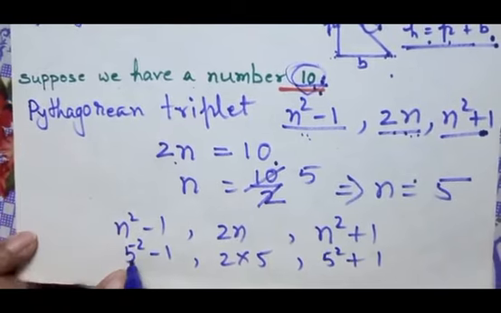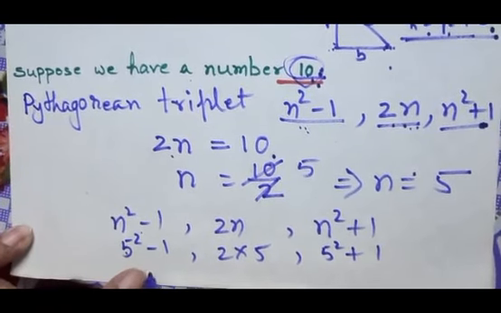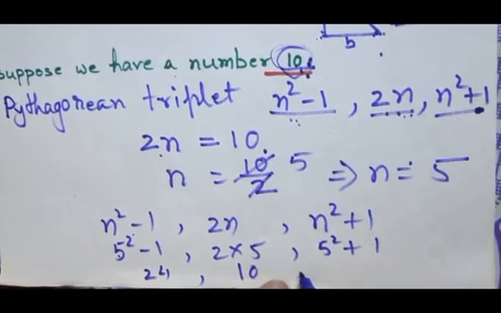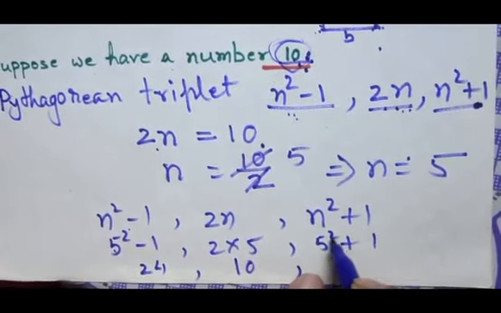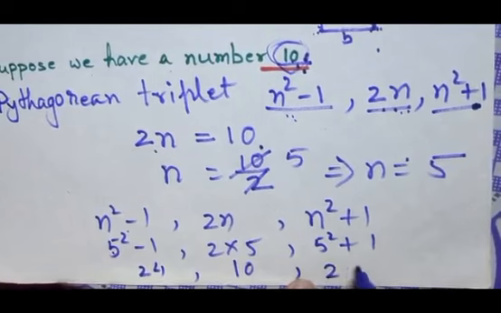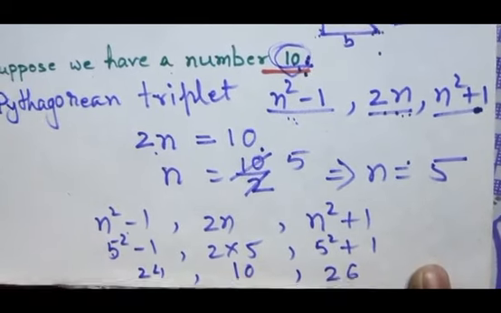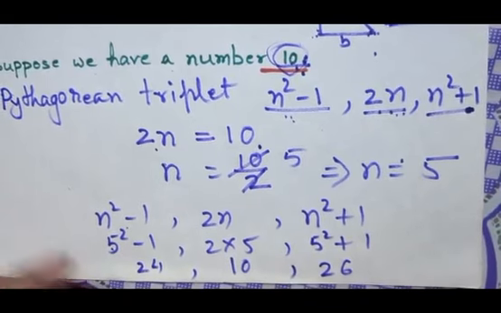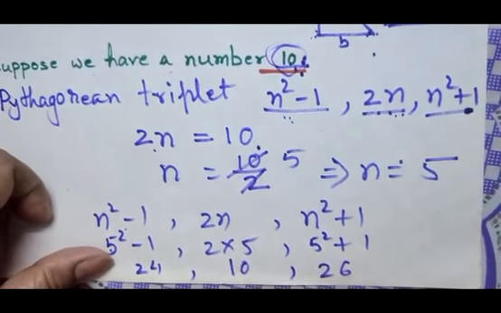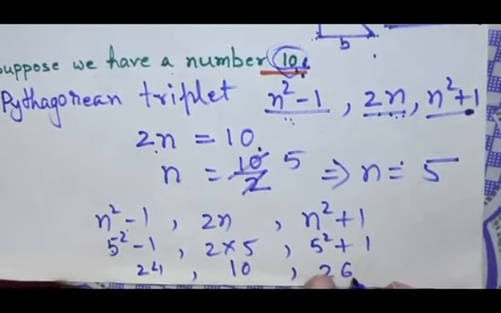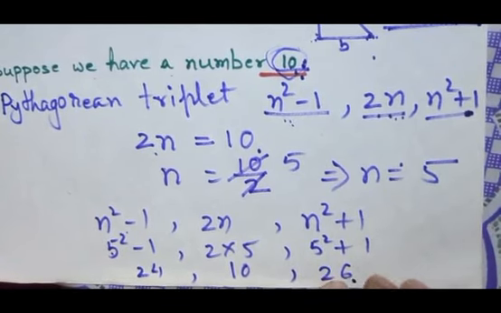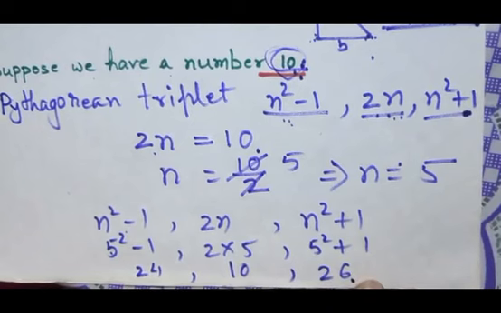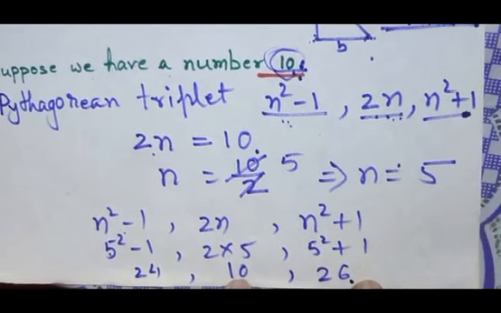And here we are getting 25 minus 1, that is 24, 10, and 5 square is 25 plus 1, 26. 24, 10 and 26 are a Pythagorean triplet, where the square of 26 will be equal to the sum of squares of 24 and 10.